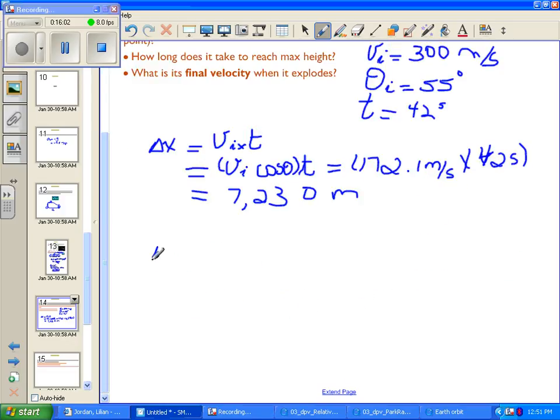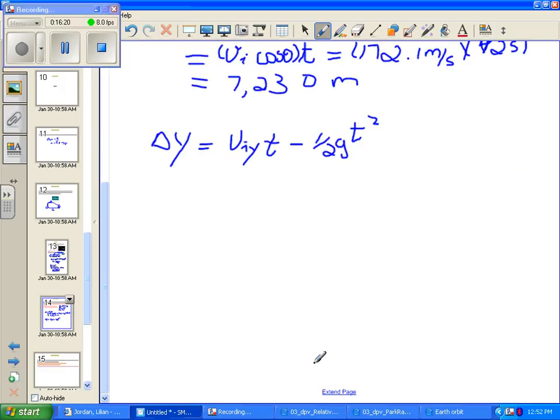Okay, let's solve for delta y. Delta y is equal to, this time, v initial y times t minus a half g t squared. Notice that we have the extra term because the acceleration is along the y direction.